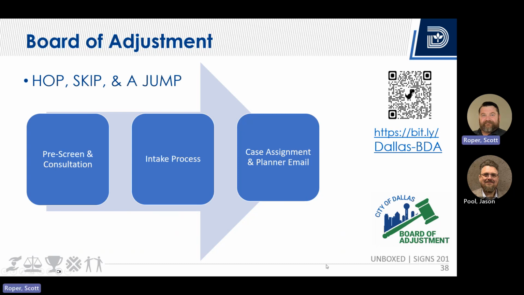After that, you go to the intake process. After all the items from the checklist are gathered and correct, and a plan set has been submitted, the intake process begins. This is where you'll receive a BDA case number. You'll pay the fees, and you'll receive the notification signs, and the month of your case will be disclosed to you.